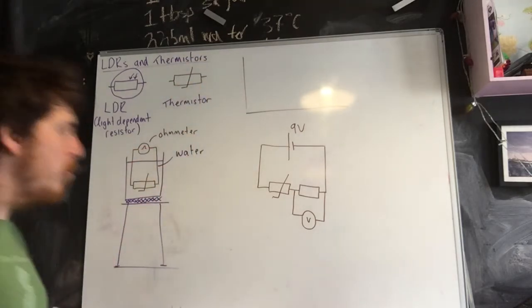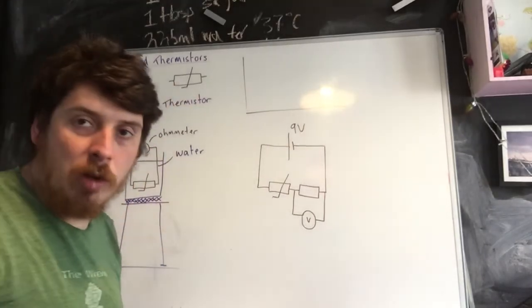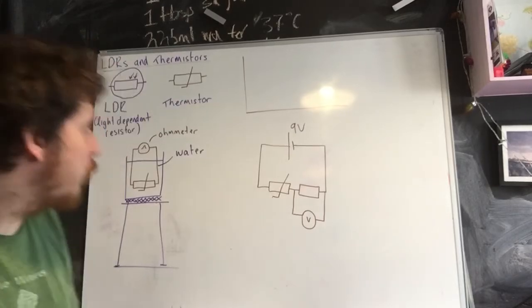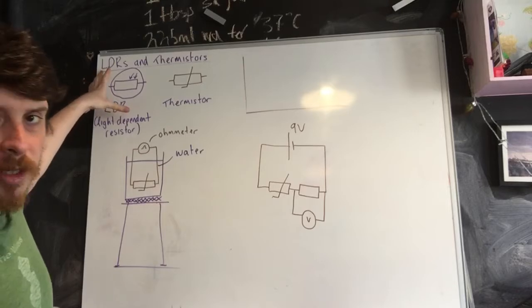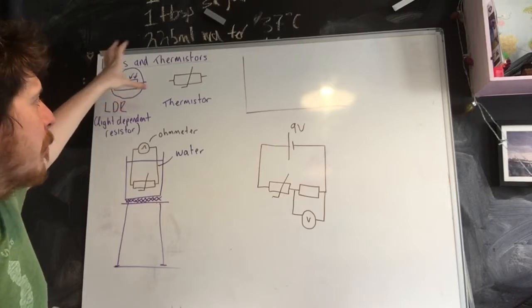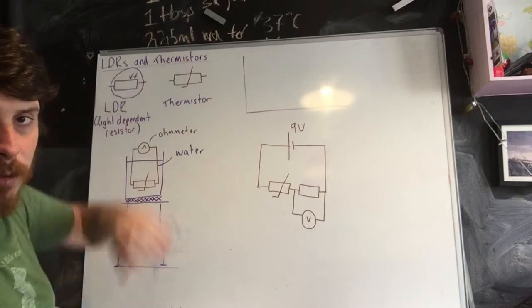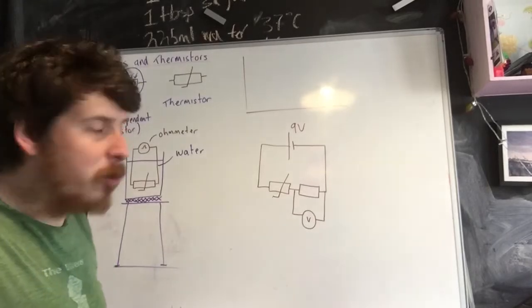Okay, so both of these free up electrons when they are affected by their thing or property. So an LDR, when light shines on it, frees up additional electrons in the circuit, and the thermistor, when heated up, frees up extra electrons in the circuit, which means that the resistance goes down.